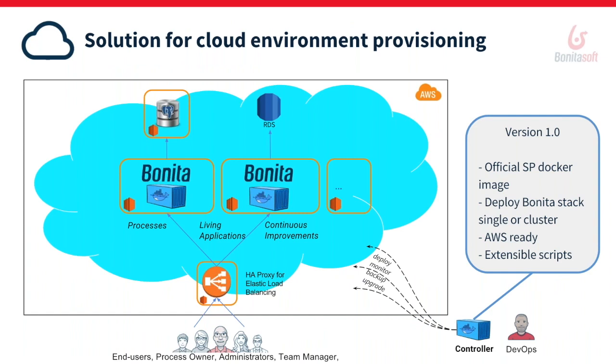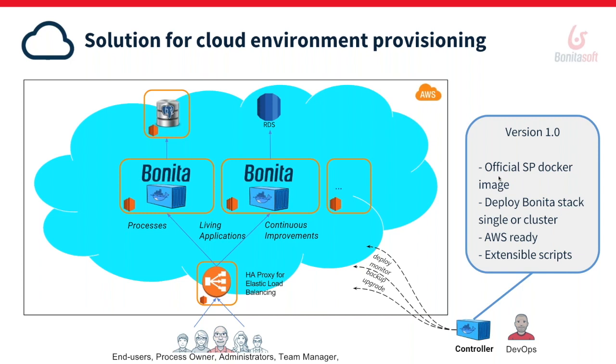So that's what the Bonita Continuous Delivery add-on solved in this version 1 of the add-on. That's what we have right now. It's the deployment of Bonita platform in the cloud. In the future, we aim to implement the build of application using Jenkins.